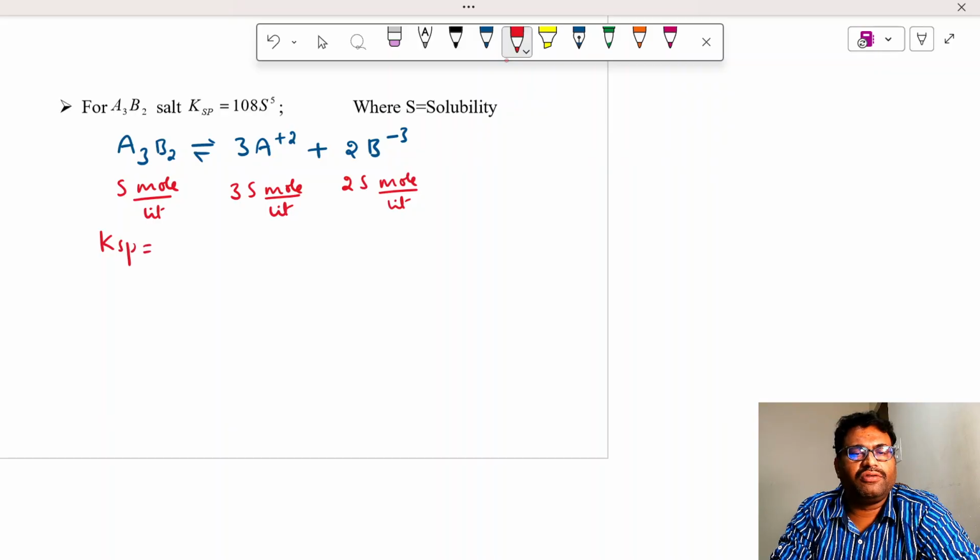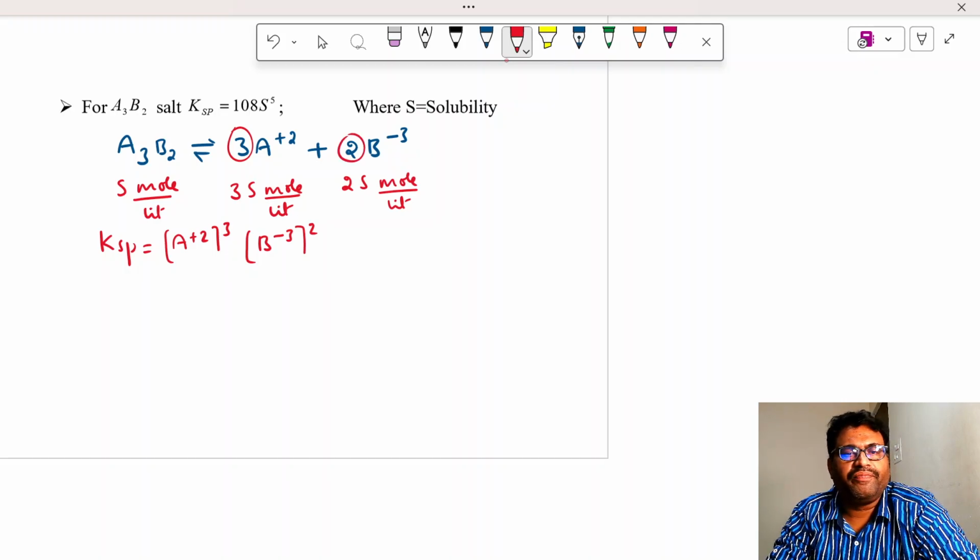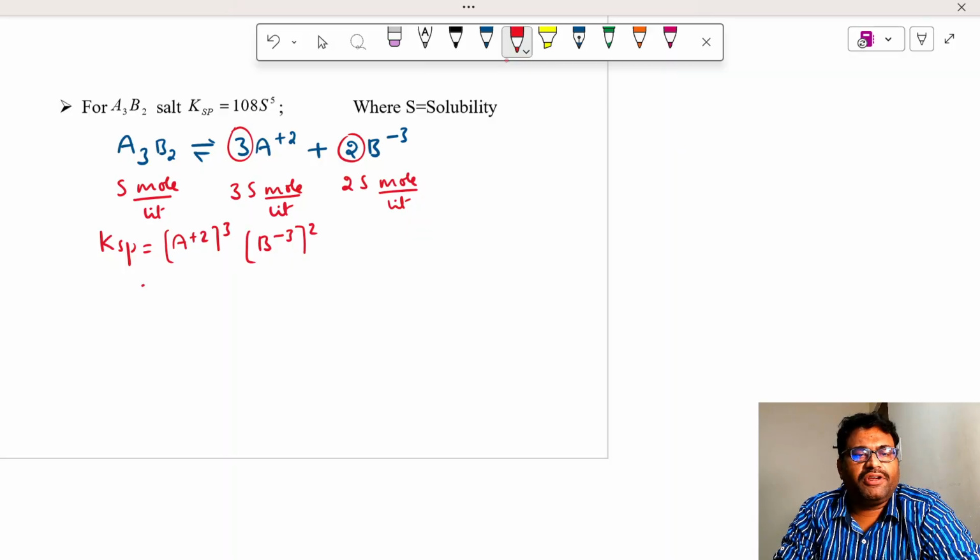KSP is equal to concentration of A plus 2 power 3, because we have 3 here, and concentration of B minus 3 power 2, we have 2 here in the stoichiometric equation. So then KSP is equal to A plus 2 concentration is 3S, and B minus 3 concentration is 2S. So I can write 3S whole cube into 2S whole square.